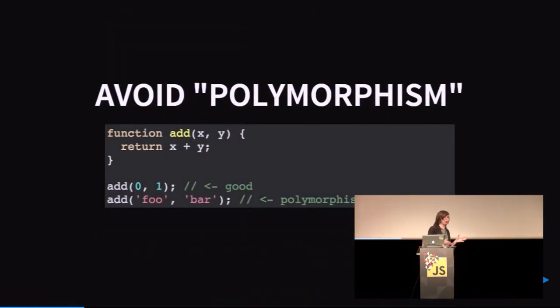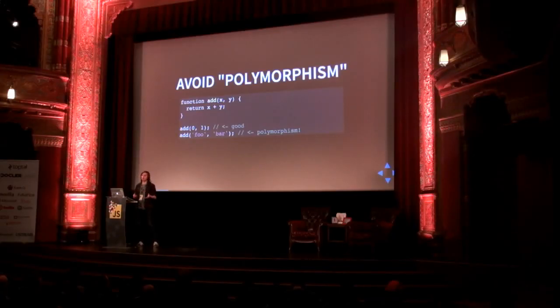The second suggestion is to avoid polymorphism, or in simpler words, to avoid having different types of values in variables or arguments of a function. In this example, I have a function called add, and it just performs addition of numbers. If I pass numbers to it very often, it will be optimized for the case of numbers.